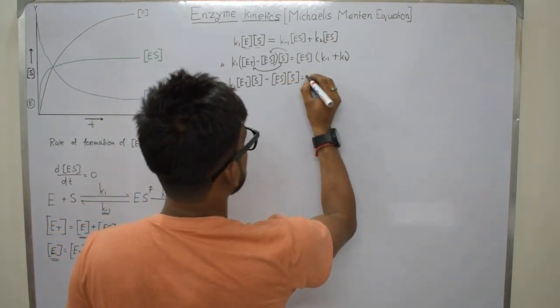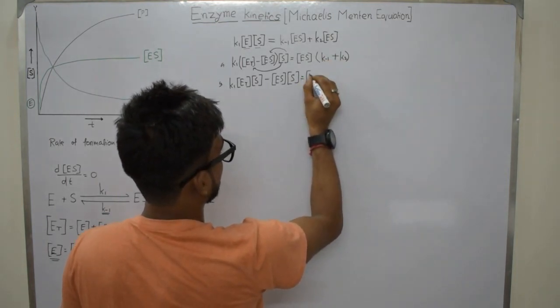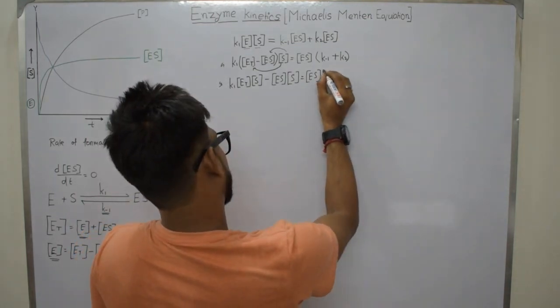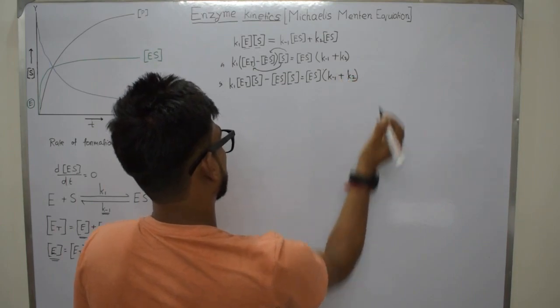And on this side the remaining will be the same as it is: the enzyme substrate complex and K minus 1 plus K2.